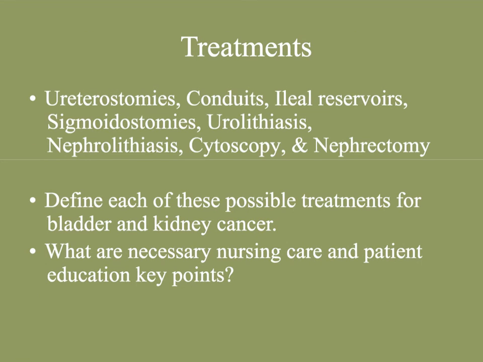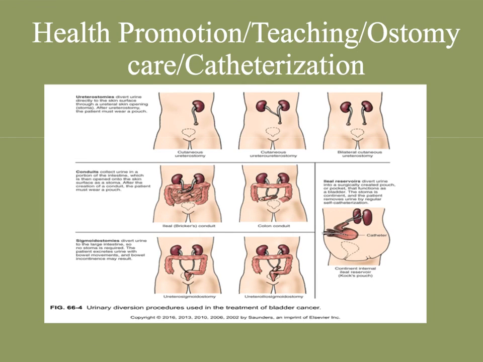These are just some names of the procedures. These all right here are names of those potential procedures that could be done in the event that someone's bladder has to be removed. Here are the pictures of those.